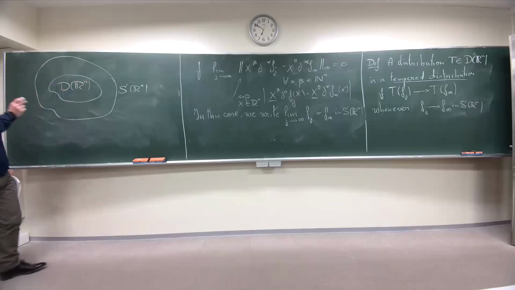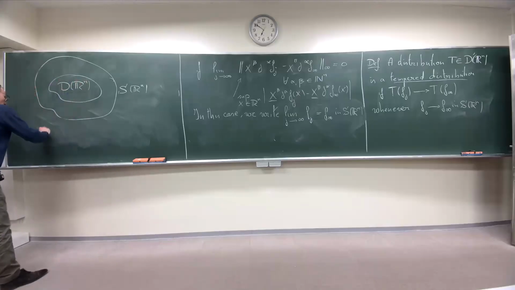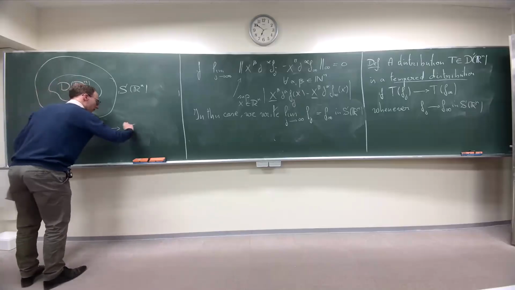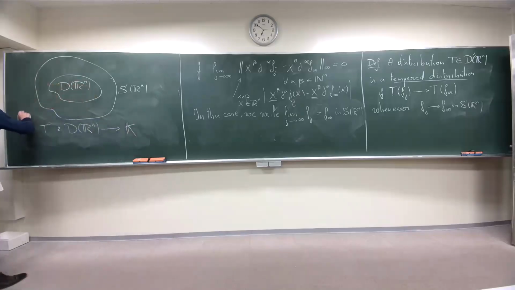Now remember, a distribution is a map from D of R^n to K. This is a distribution, a usual distribution in the sense I introduced already 2 weeks ago.